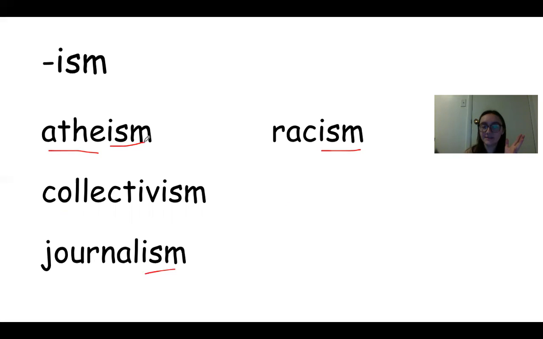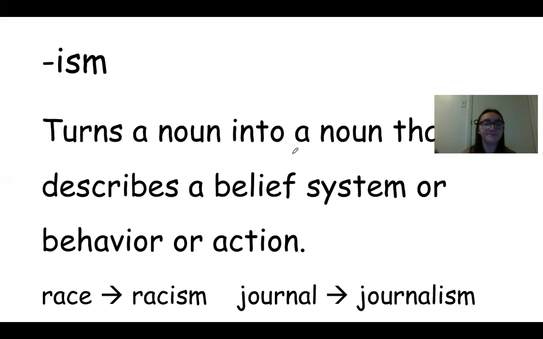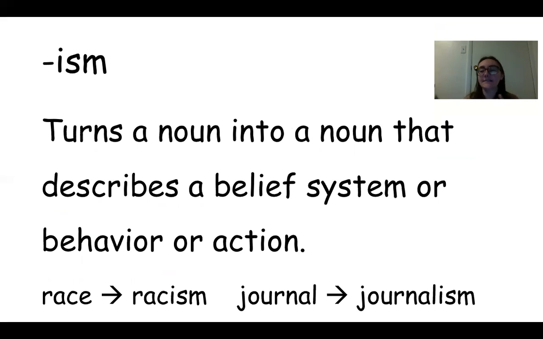Atheist combined with ism, atheism. Collective combined with ism, collectivism. Journal combined with ism, journalism. And race combined with ism, put them together, you get racism. So what does this all mean? So ISM, this suffix turns a noun into another noun.